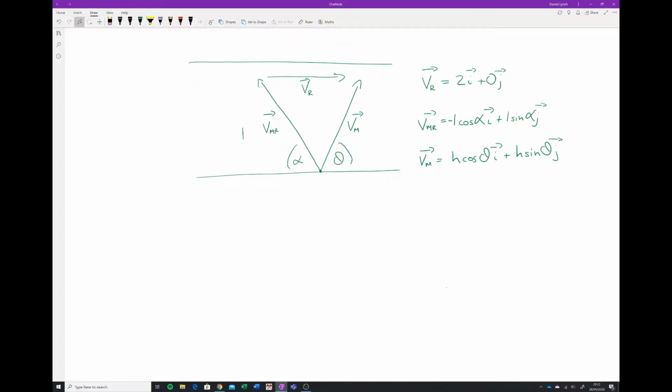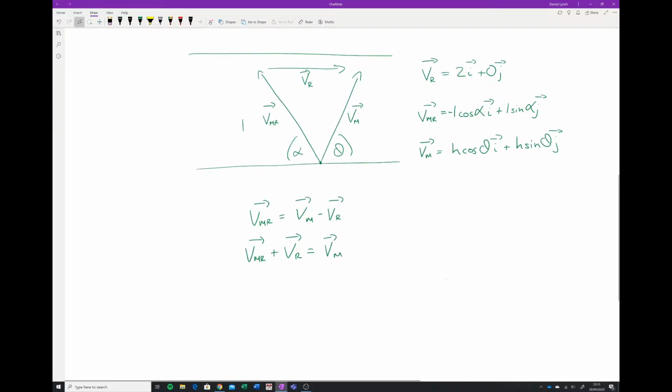Now we know this is the thing that we've been employing the whole time. The vector of the man relative to the river is the vector of the man minus the vector of the river. So it turns out that we can make this little equation here. Those are the two things we know, and this is the one thing that we don't really know anything about.